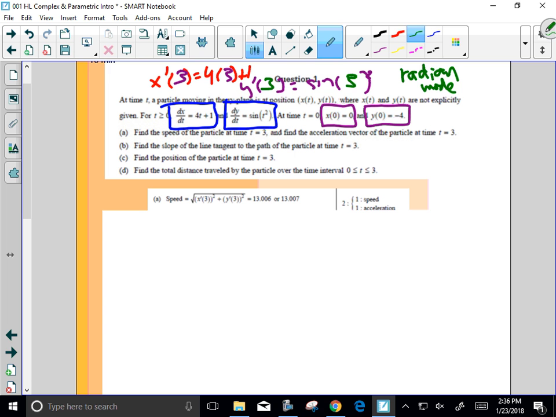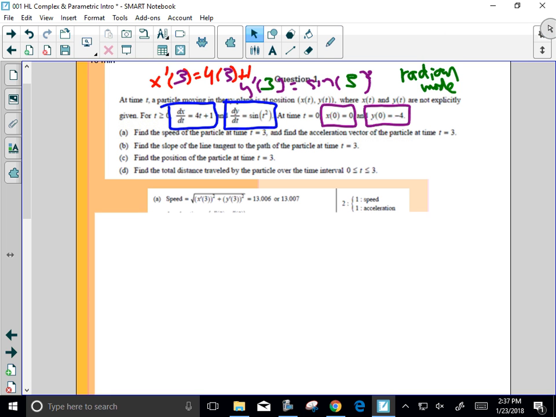Okay, so this is going to be the square root of 13 squared plus whatever the sine of 9 is squared. And then the square root should be 13.006, or to 3 decimals, 13.007 is included. Did everybody get that with your calculators? That's not hard, is it? Love these.